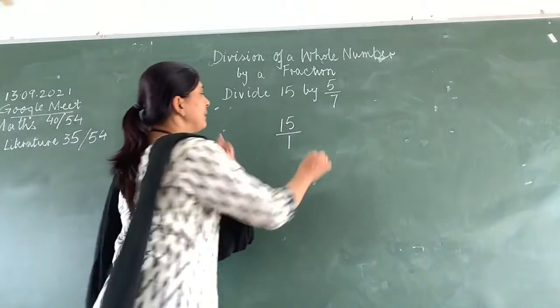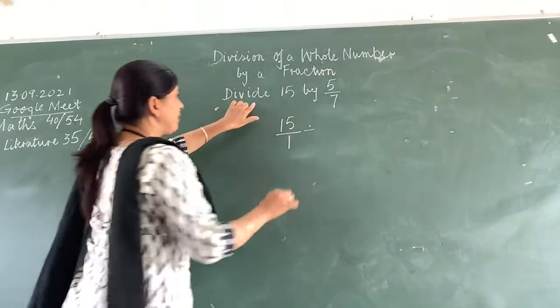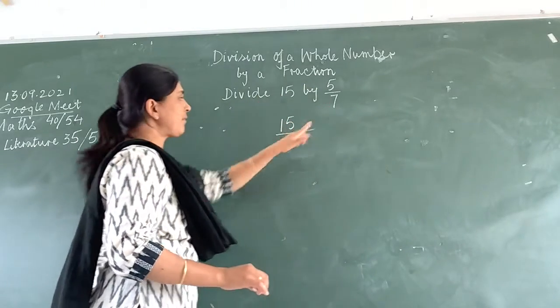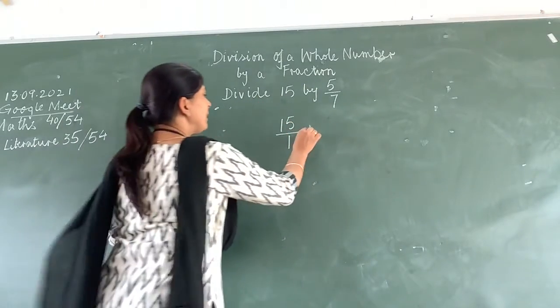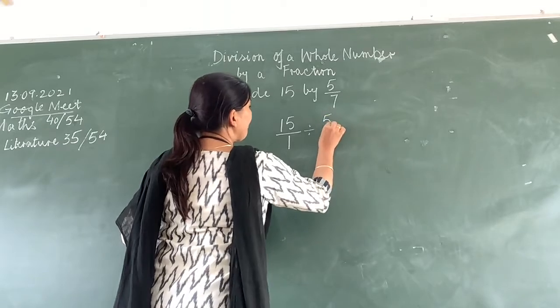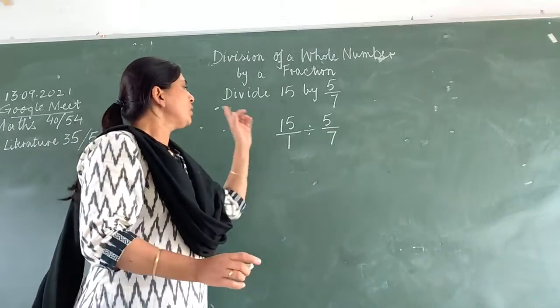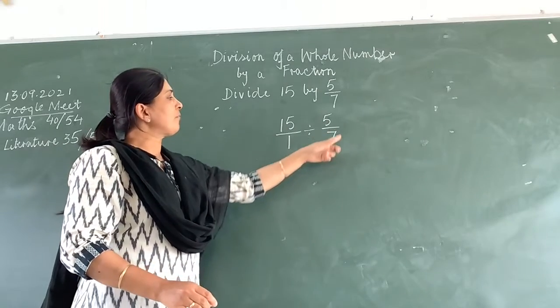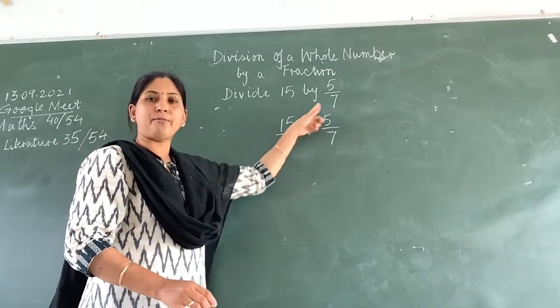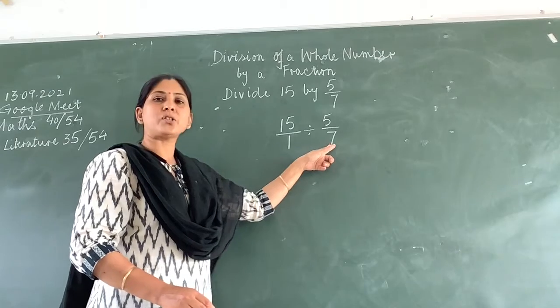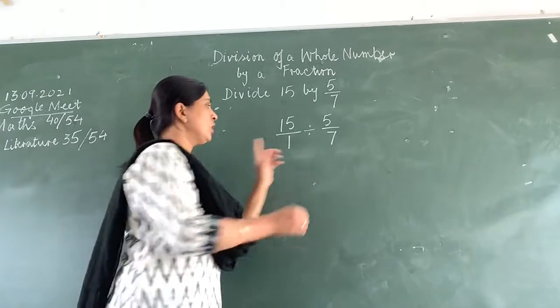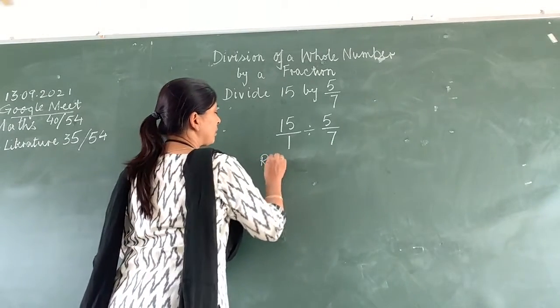Now let us put the divide sign. Since we have to divide 15 by 5 over 7, we will divide 15 over 1 by 5 over 7. Now, children, we will find the reciprocal of the second fraction. The second fraction is 5 over 7.